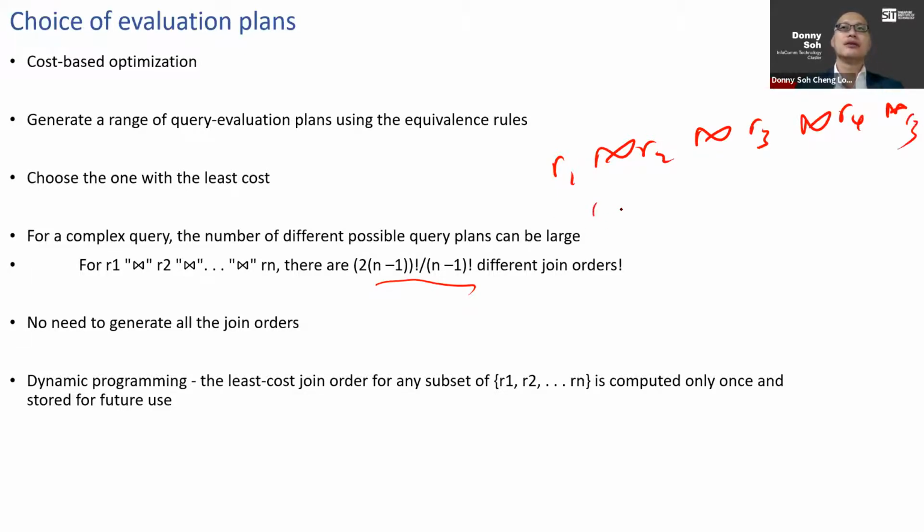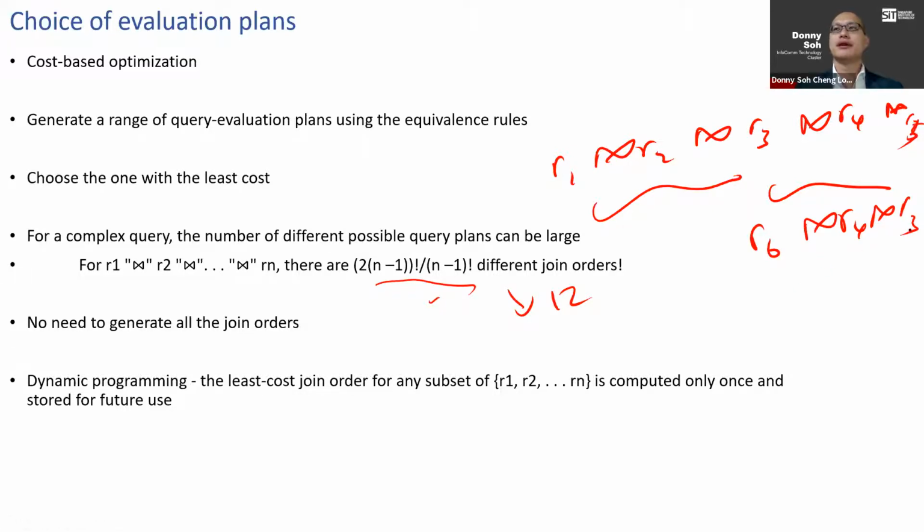So altogether, if we use DP, for 3 joins, based on this formula, it is actually 12 ways. If we calculate this, we will have R6 join with R4, join with R3.